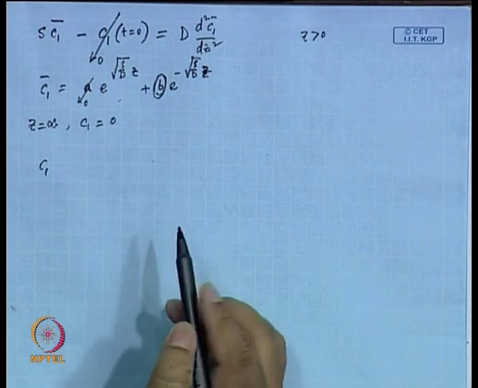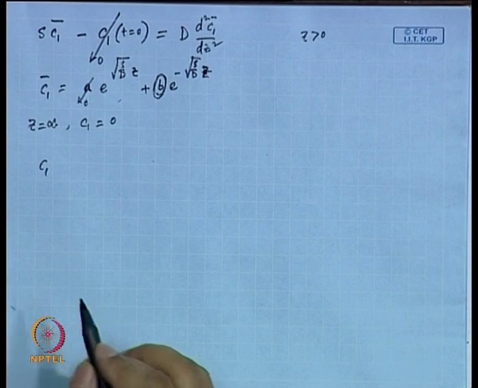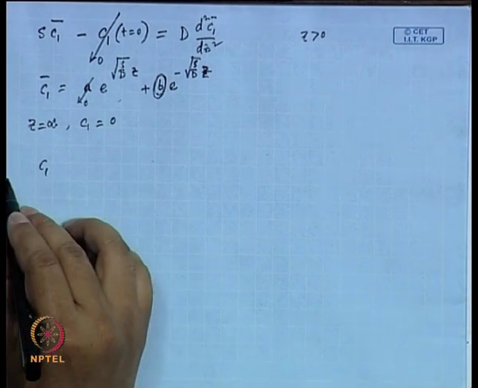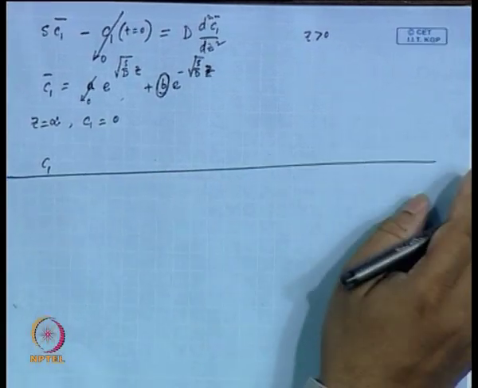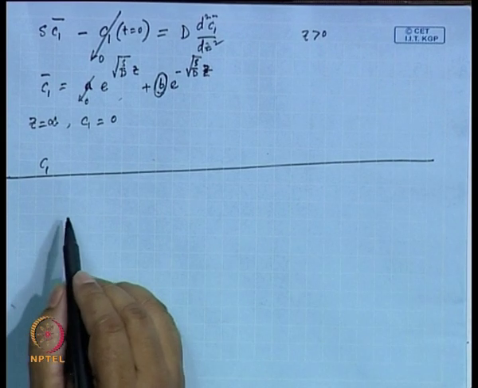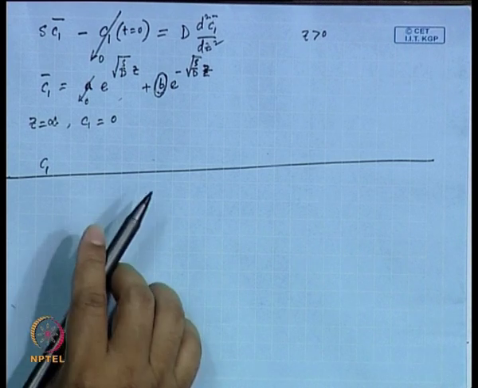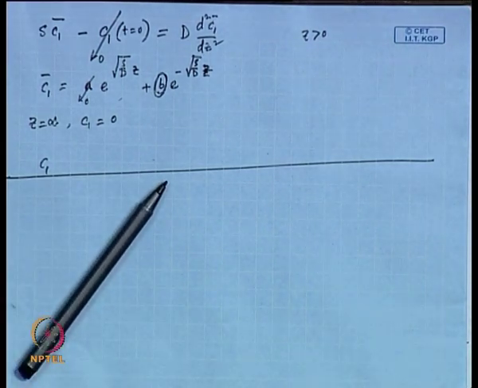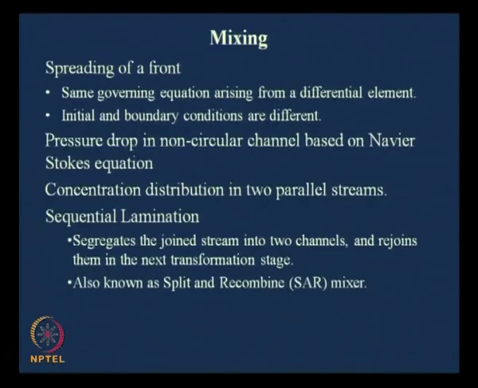Okay, now suppose we look into another type of situation where, instead of a spot of tracer, we have spreading of a front.